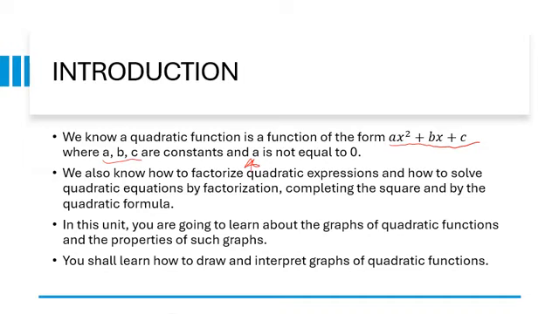We make sure the coefficient a, the coefficient of x squared, should not be equal to 0, because it's a quadratic function because it has a power of 2. So we make sure that the constant a should not be equal to 0. Constants b and c can be equal to 0. So that's a quadratic function.